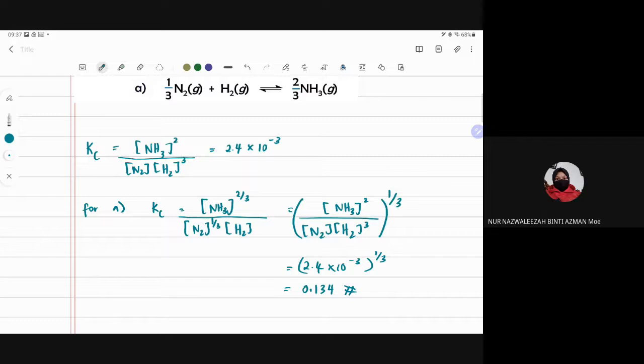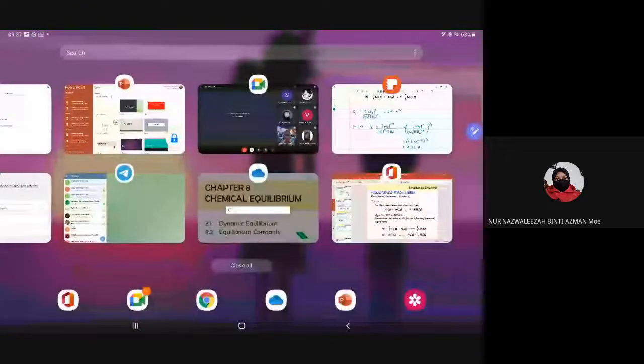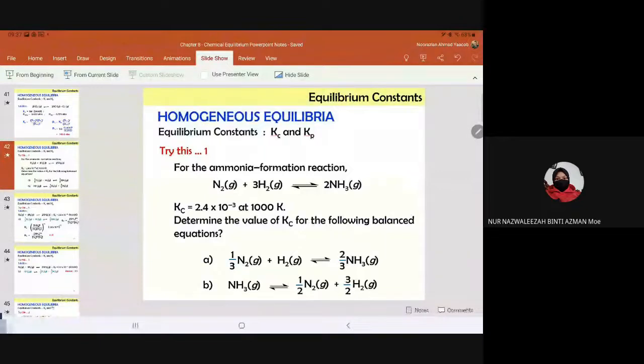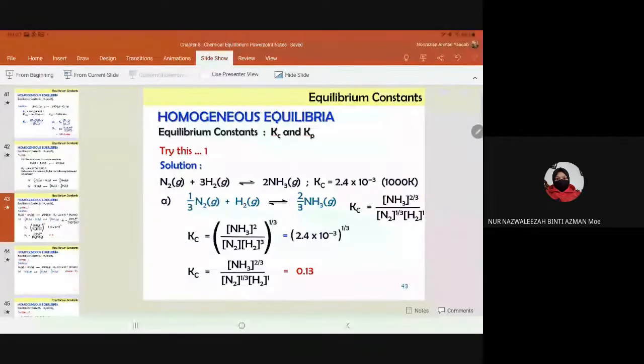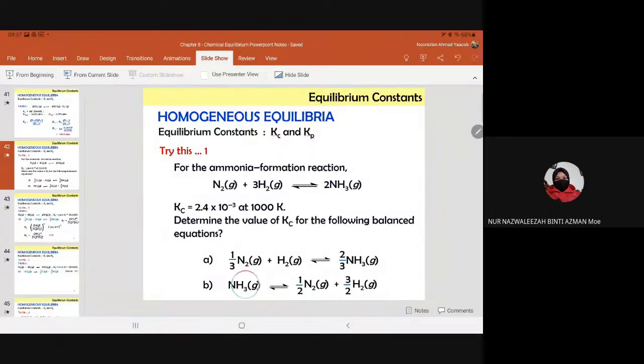Okay, so now let's go back to this. Okay, so I want you to try to answer this question now. Yang B pula. Try to answer yang B ini. Sama juga cara dia, tapi kita cari ni gandaan dia berapa daripada yang asal.